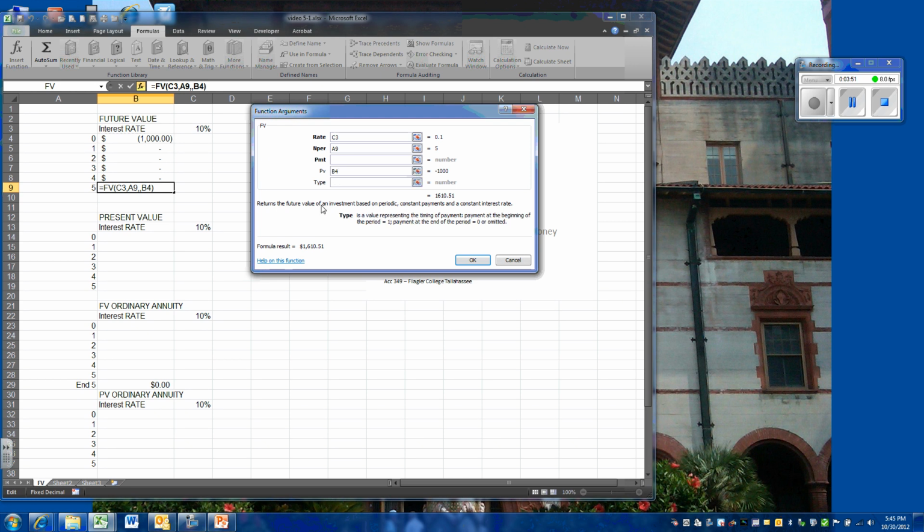Next, it wants to know the type. It wants to know if this payment was made at the beginning of the period or the end of the period. In the future value problem, it's always made at the end of the period. So we can leave it blank and hit OK.